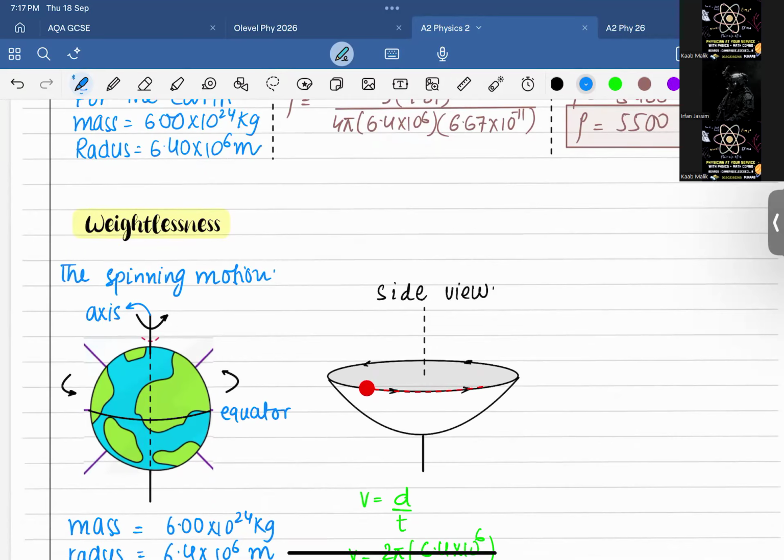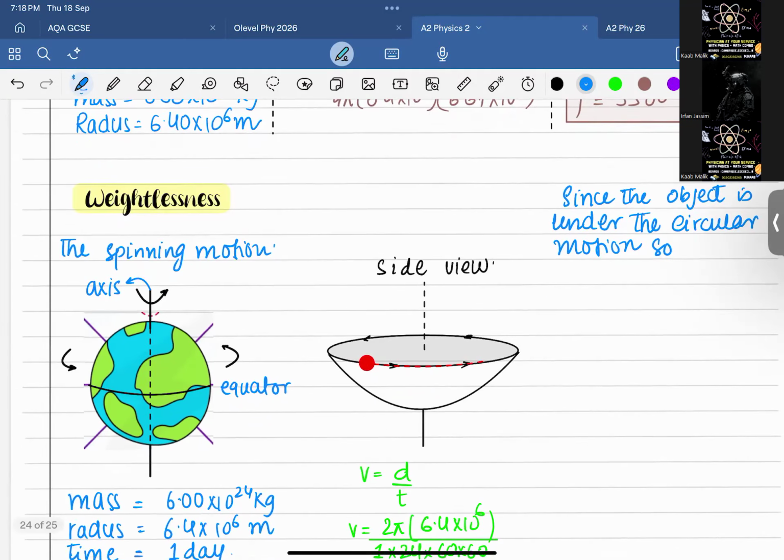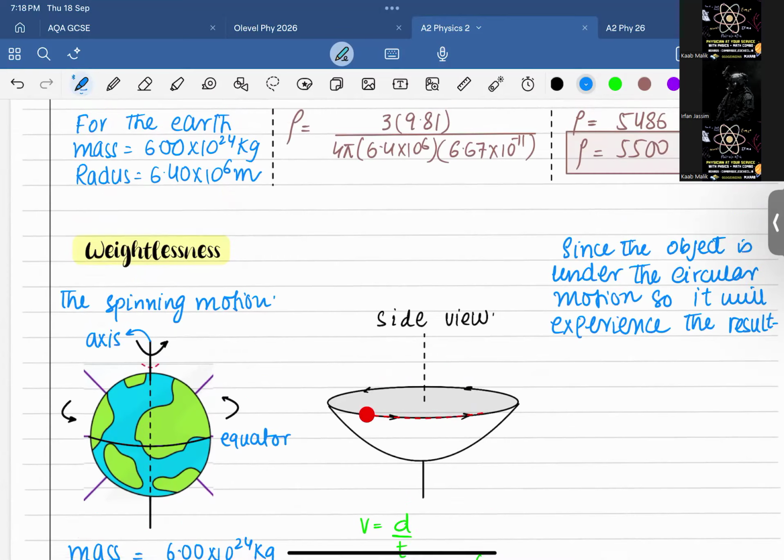So we can say that since the object is under circular motion, it will experience a resultant force, okay. So this is the first thing.